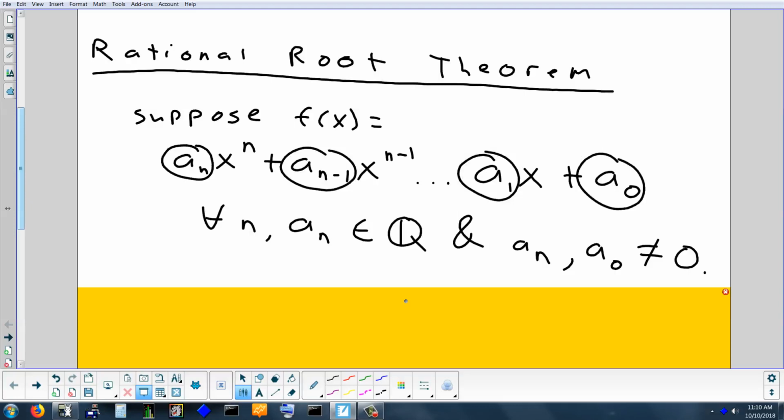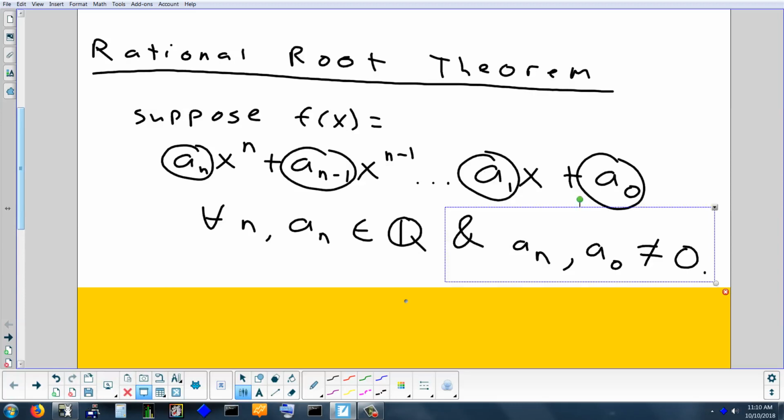So all the coefficients are rational numbers, and the first coefficient and the constant cannot equal 0. It's just a fancy way to write it. So all the coefficients are rational numbers, and the first coefficient and the constant are not equal to 0.